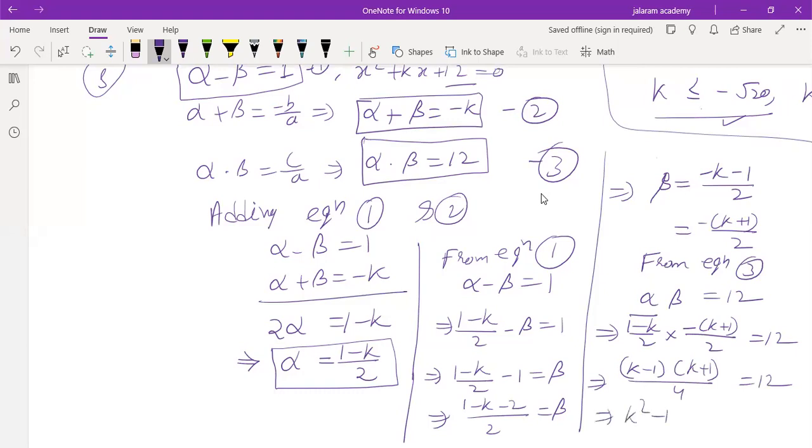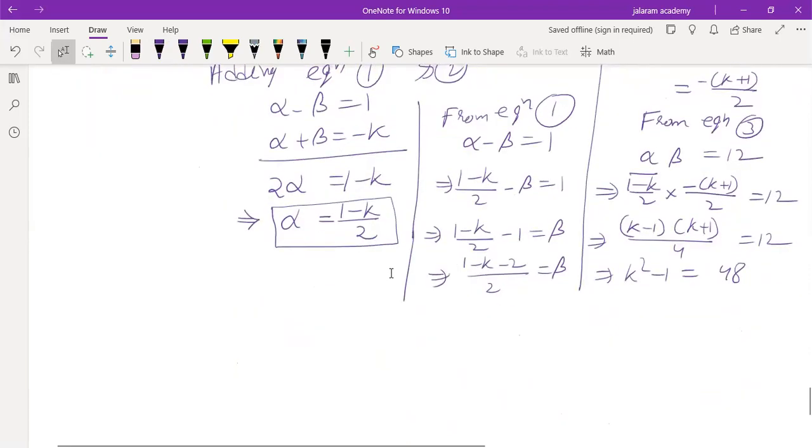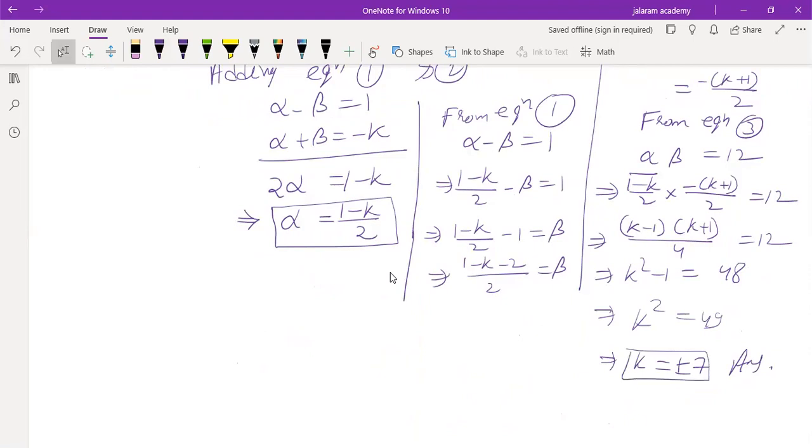Numerator is (k minus 1) into (k plus 1). k square minus 1 equals 12 into 4, that is 48. So k square equals 49. k equals plus minus 7. Okay. Understood?